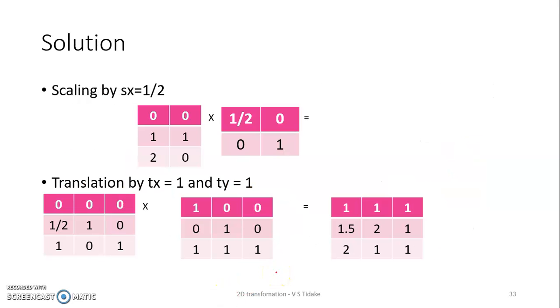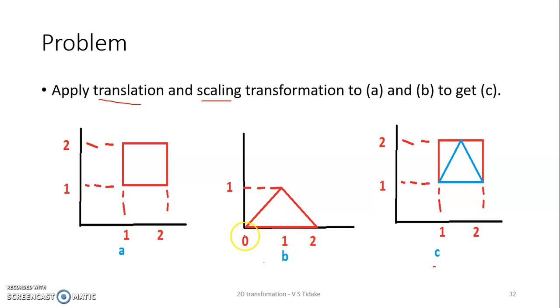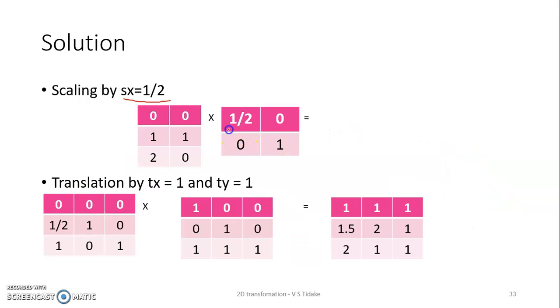To solve this problem, we can first apply scaling with Sx 1 by 2, because the width of this triangle base is 2 and we want the base to be 1. That is, along the x direction we want to reduce the size to half. So that's why the scaling factor in x direction is 1 by 2 and there is no change in the y direction. Then when we multiply the triangle with this scaling matrix, we will get this new matrix.